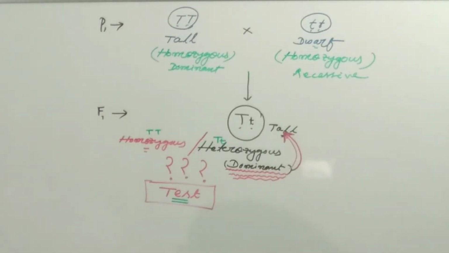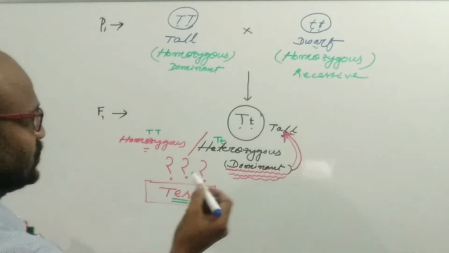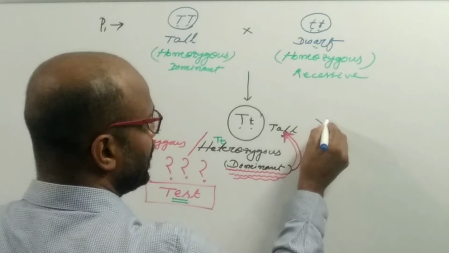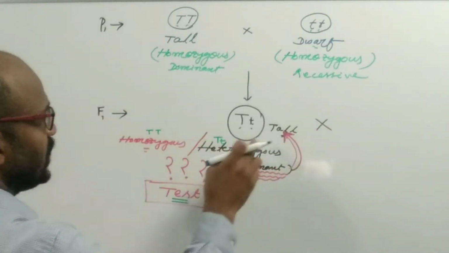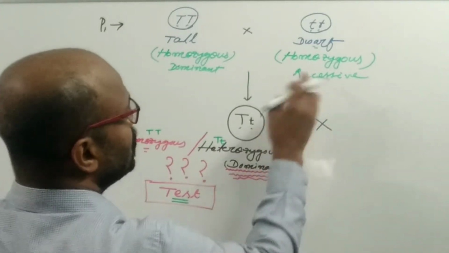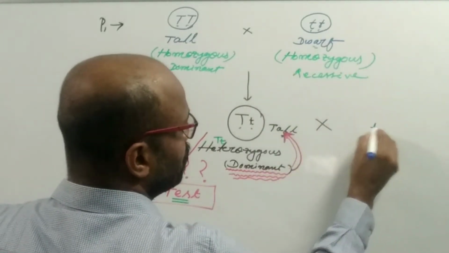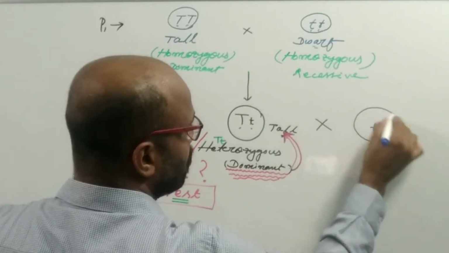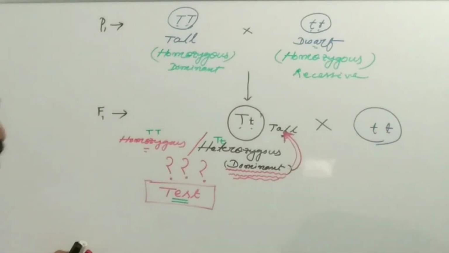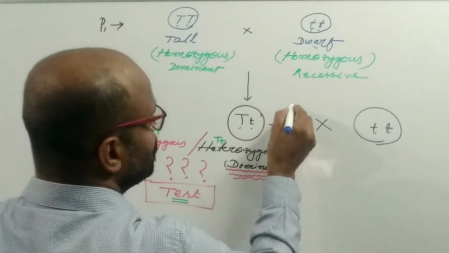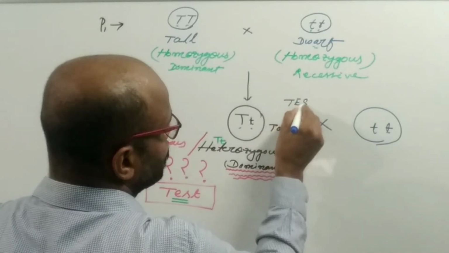So now I am doing the test cross. The cross is between the F1 offspring and the homozygous recessive parent. Here the homozygous recessive parent is small tt. Such a cross is known as the test cross.